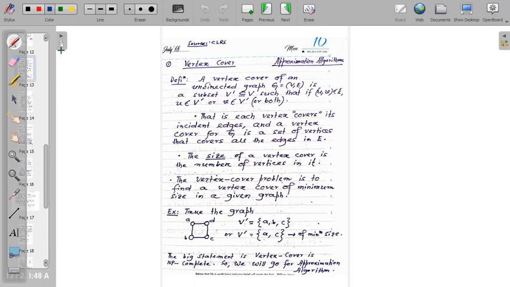So for the exam, you will be having questions from approximation algorithms, that we'll be discussing today. Then NP completeness questions will be there.